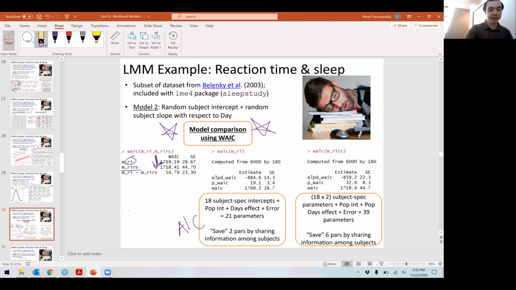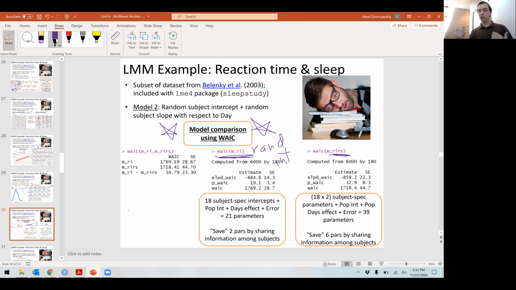Now, I want to show you guys something interesting about counting effective parameters. Here we have output from the random intercepts. On the right, we have random intercepts and slopes.